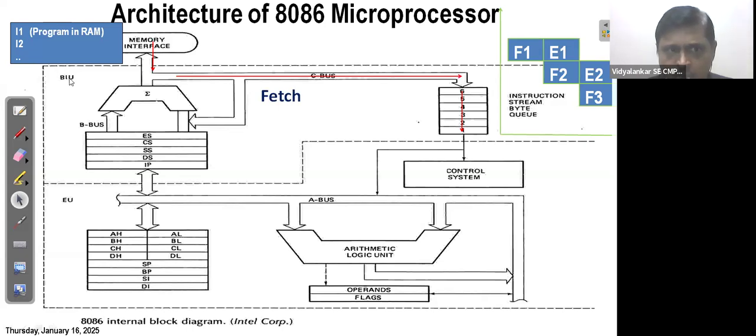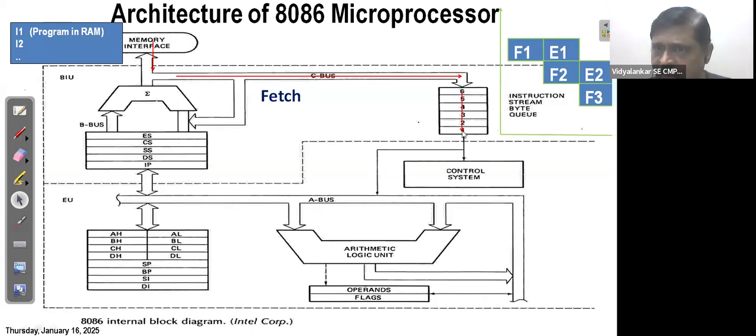Your BIU, the bus interface unit, will go to the memory called RAM, read instruction 1, and bring this instruction from RAM into a facility called the instruction queue, whose size is 6 bytes.